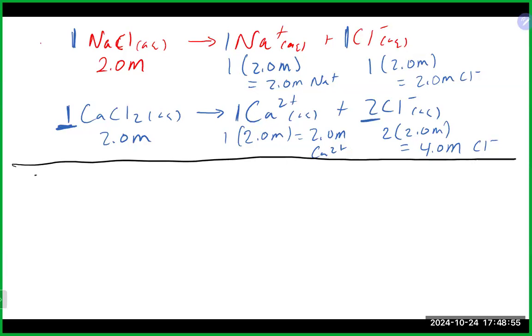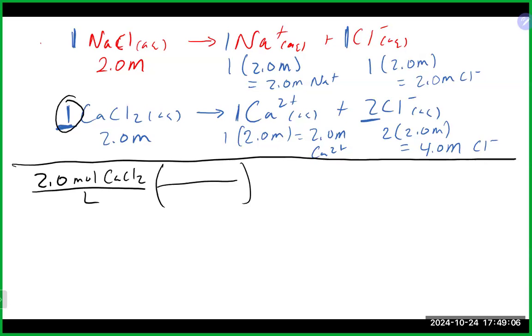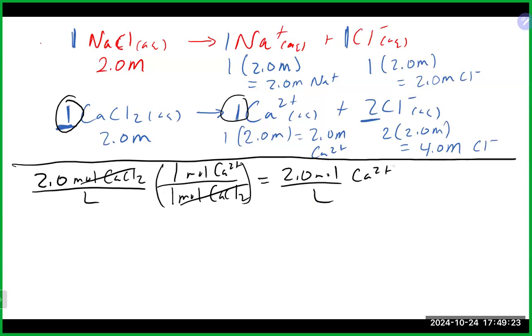If we started with our 2 molar, which is moles of calcium chloride per liter, and if we look at the calcium, it's a 1 mole to 1 mole relationship. So 1 mole of the calcium chloride gives me 1 mole of just the calcium ions. The moles of the calcium chloride cancel out, and I end up with 2 moles per liter of calcium ions.